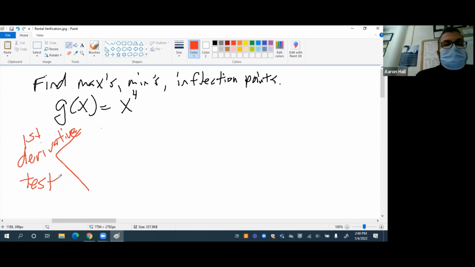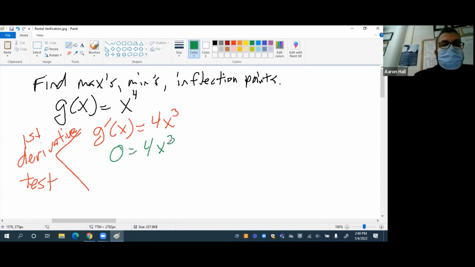So we're going to take the first derivative, which would be 4x cubed. Okay, so I have 0 equals 4x cubed. What's my critical point? It's just 0. If this is 0 here, then I have 0 equals 0, which is a true equation. So x is 0, and in fact there's only one critical point.